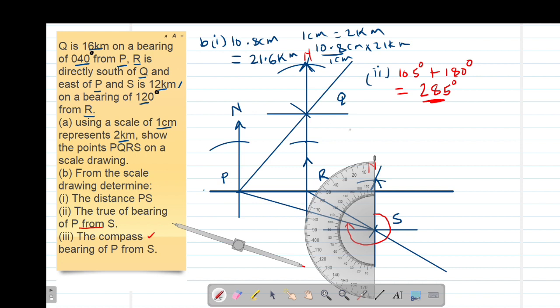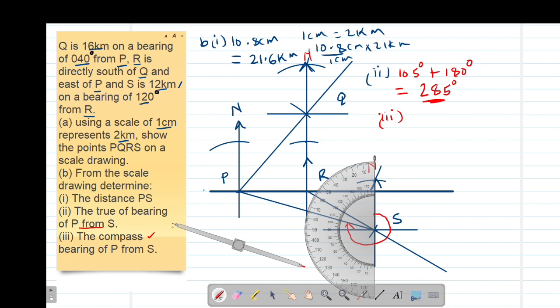Then Roman 3 of the question, they want me to record the compass bearing. Remember, we said that for compass bearing, we record an acute angle, then we measure it from the north-south line, then we indicate the direction in terms of northeast, northwest, southeast, or southwest.